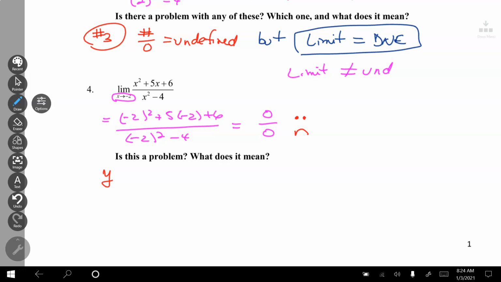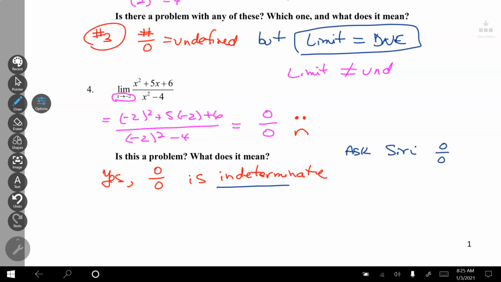Yes, there's a problem. 0 over 0 is this very special word, indeterminate. If you ever have time, go ahead and ask Siri on your smartphone what 0 divided by 0 is, and see what she says. She's going to make a nice little joke, but you're going to see that she gives this very special word, indeterminate.